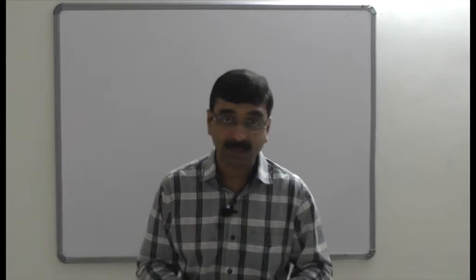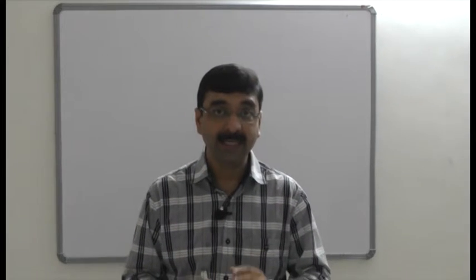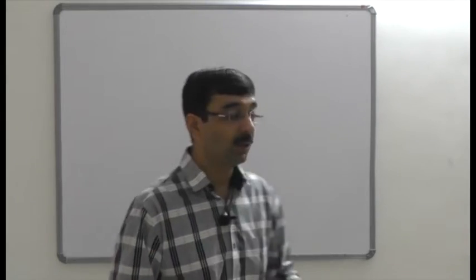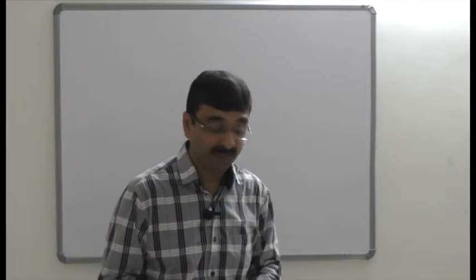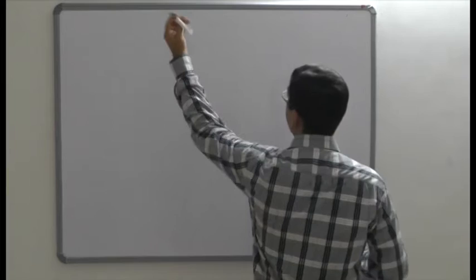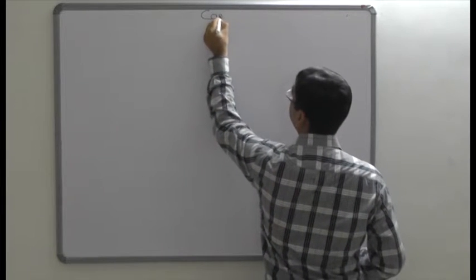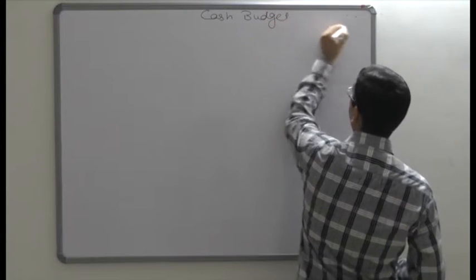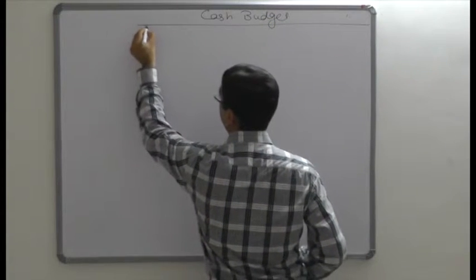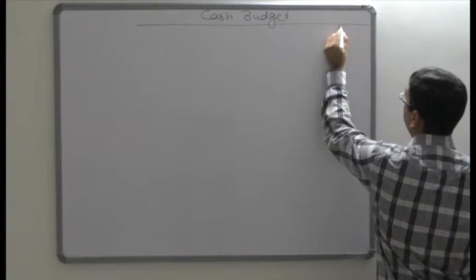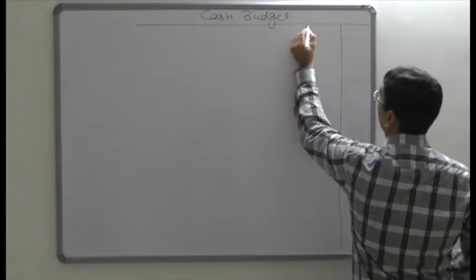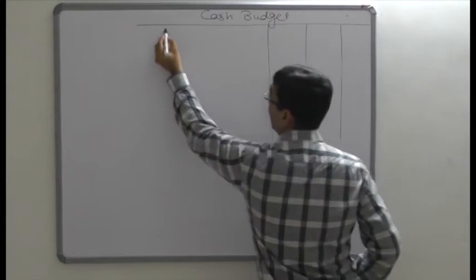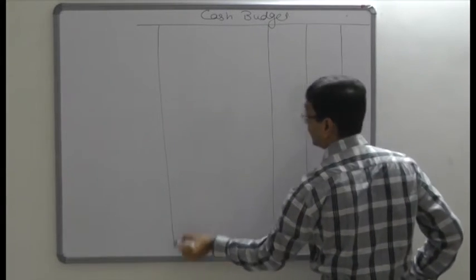Now we'll start the problem regarding the cash budget, where the amount of cash is identified on the basis of a certain period. Let's begin with the cash budget. The format remains the same. For a 3 month period, we'll have 3 columns for 3 months, and then the particular information.